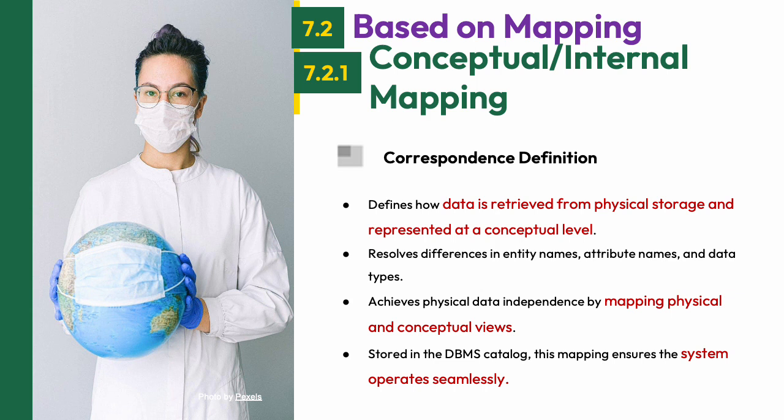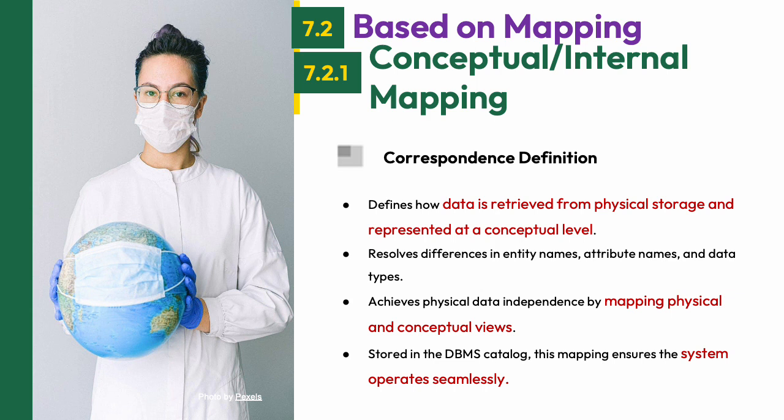It helps in resolving any differences in entity names, attribute names, and data types. For example, it ensures that a field named customer ID in the physical storage is mapped correctly to customer ID at the conceptual level. One of the main goals is to achieve physical data independence.